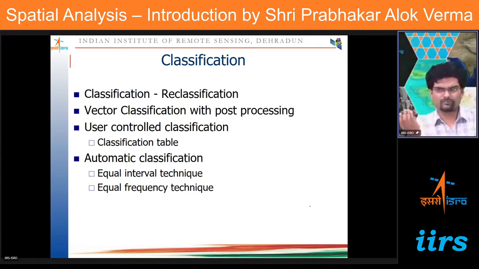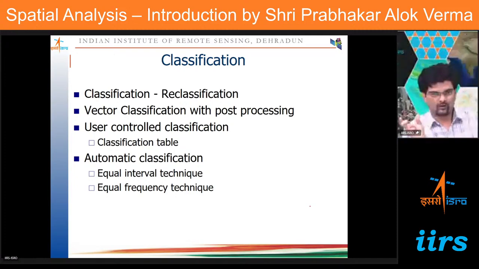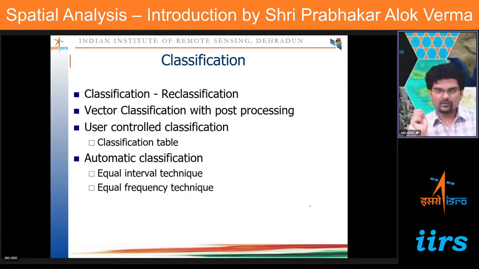For example, you want your image to be classified in 5 classes. So depending on the range of values present in your image, it will divide the interval equally. So equal size of intervals will be formed, like 0 to 500, 500 to 1000, 1000 to 1500. So width of the interval will be same in case of equal interval classification.